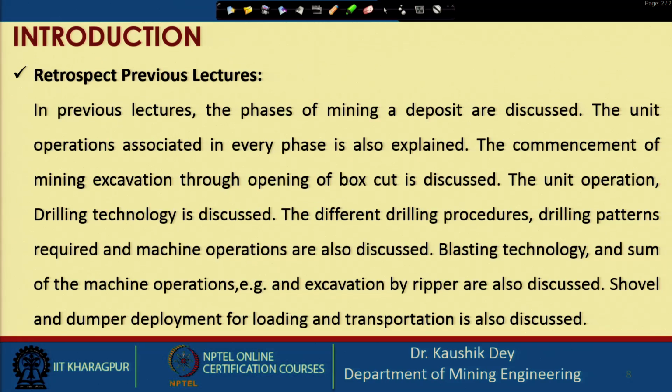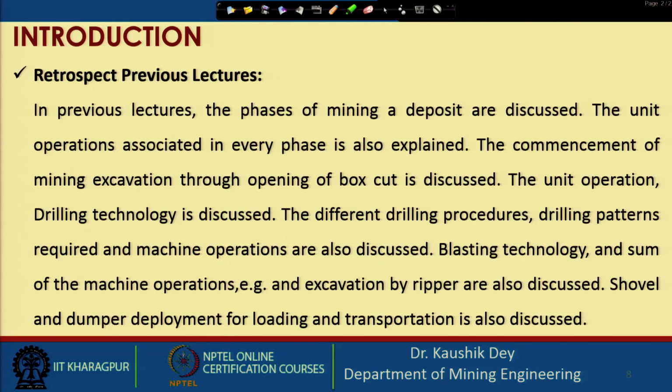And so far in the surface mining technology course we have covered the phases of mining a deposit and the unit operations associated with every phase, and then the commencement of surface mining through opening a box cut. Then we have completed the drilling technology and blasting technology for fragmenting the rock into handleable sizes.